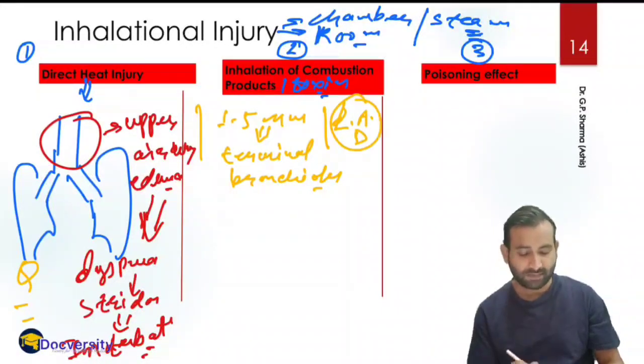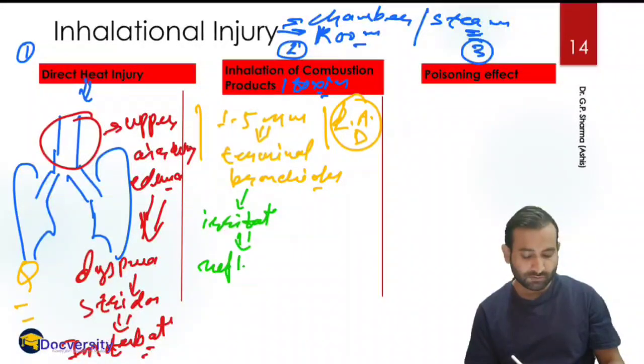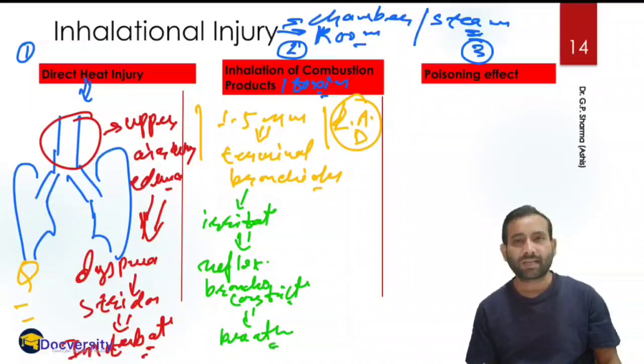Once they go directly to the bronchioles, they cause irritation. This irritation causes reflex bronchoconstriction, and then difficulty in breathing. This is the second mechanism.